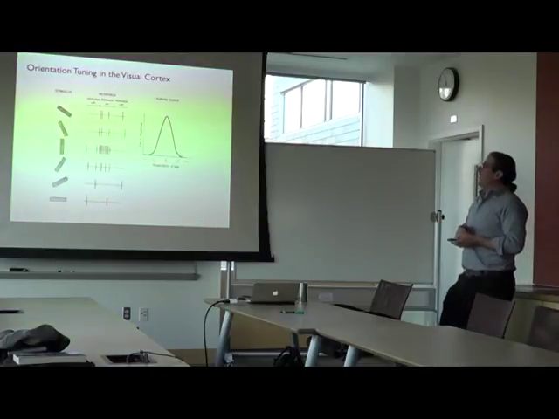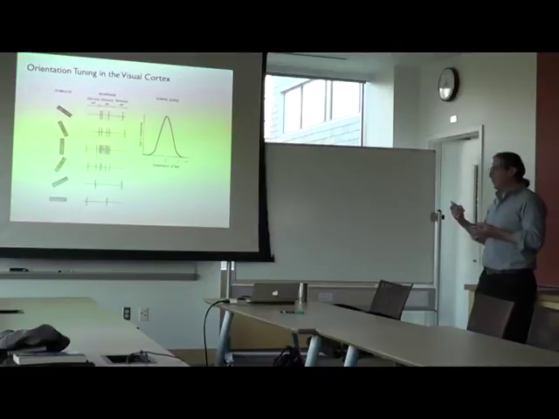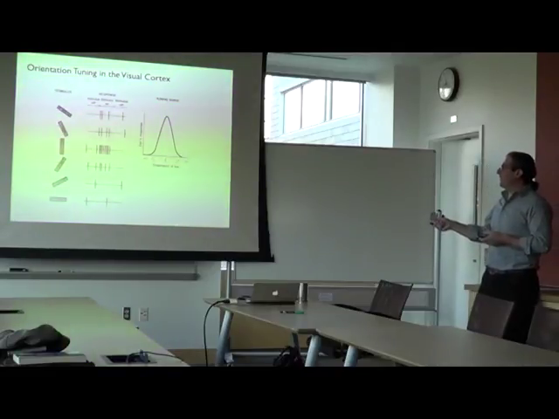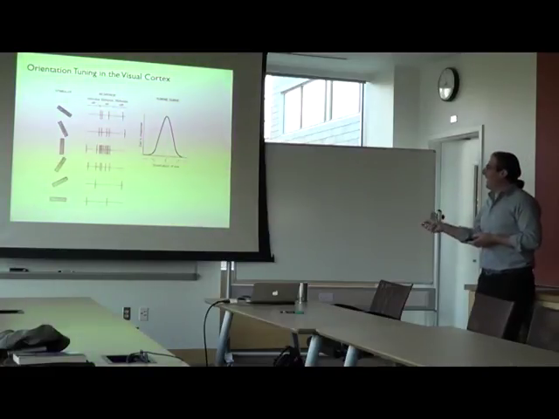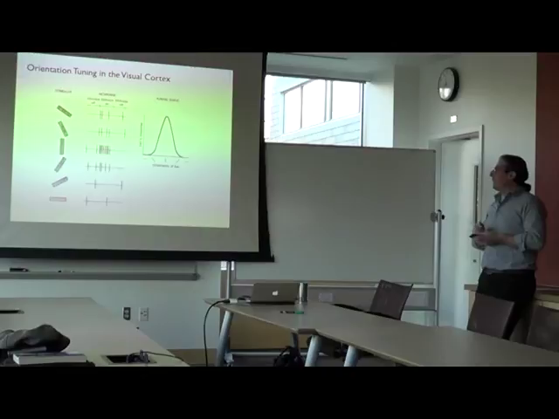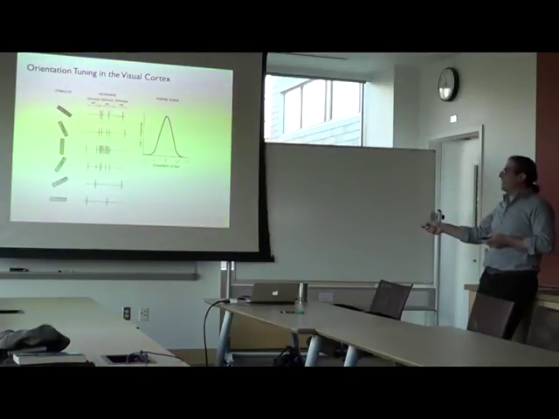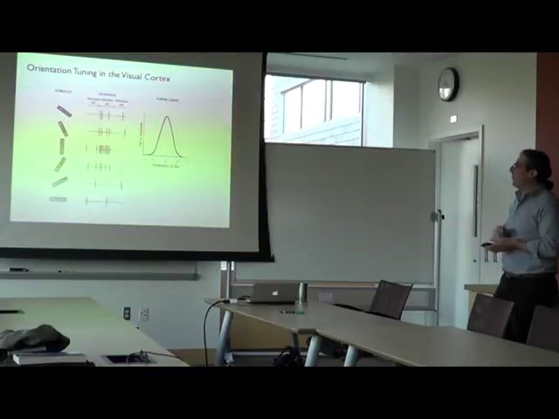In fact, these neurons are tuned to a particular orientation, which is called the preferred orientation. Here, this particular neuron likes the vertical orientation; it fires at the highest rate at the vertical orientation, and as you rotate it away, the firing rate decreases until it's orthogonal, in which case it barely fires at all.